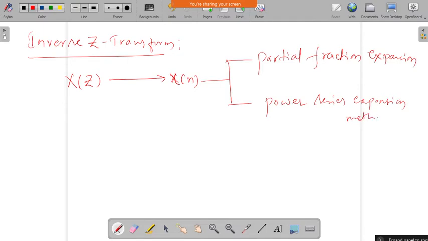First we will see what the partial fraction expansion method is and how we can find the inverse transform of a signal.